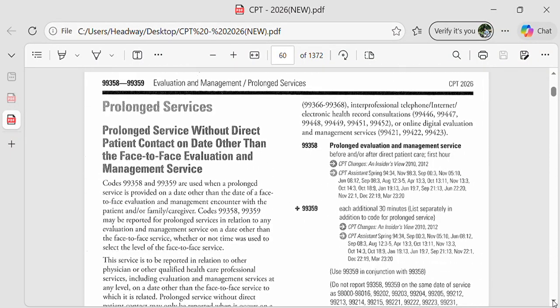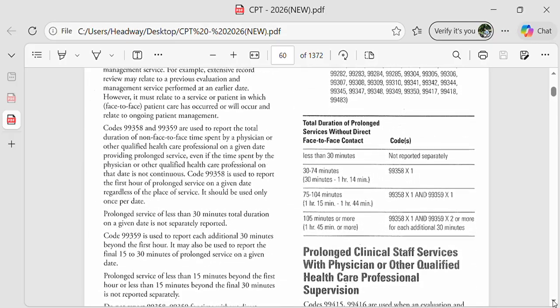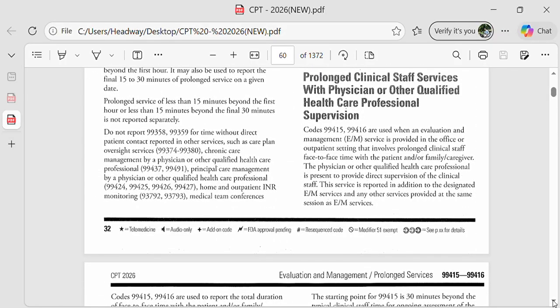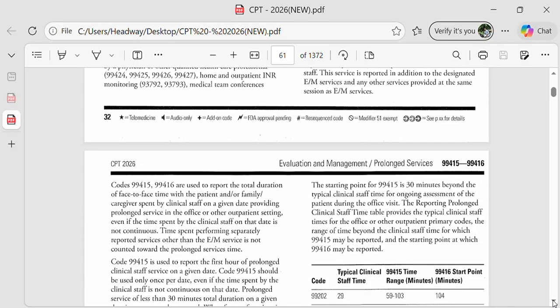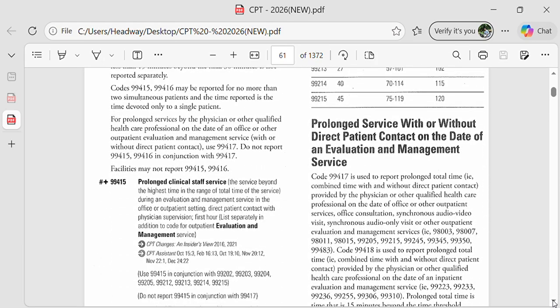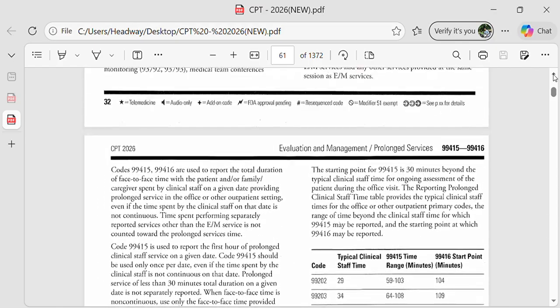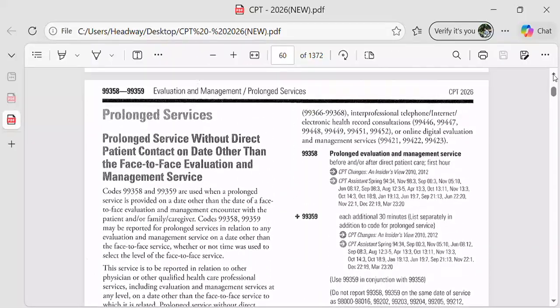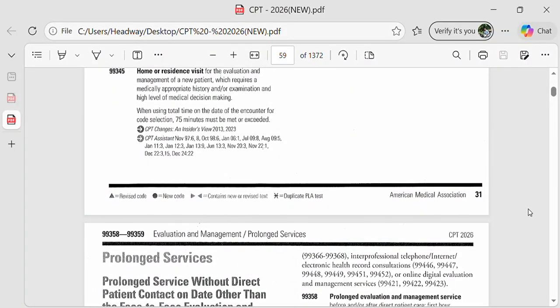So maximum of this type of counselings are also in the evaluation management. Okay, so coming to the 99406, what is there in the 99406?